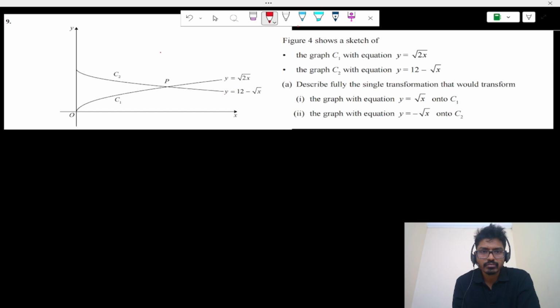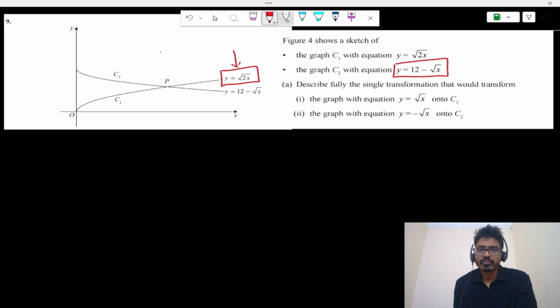This is the curve C1, whose equation is y equals root 2x, and then the curve C2, which has an equation y equals 12 minus root x. Describe the single transformation that would transform the graph with equation y equals root x onto C1 and the graph with y equals negative root x onto C2.